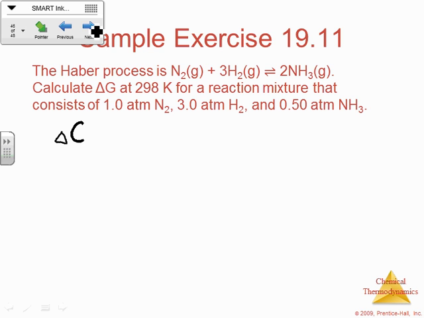So again, my equation here, delta G equals delta G0 plus RT ln K. No, RT ln Q. Sorry, I'm getting ahead of myself here. So we're trying to find delta G. How do we find delta G0?